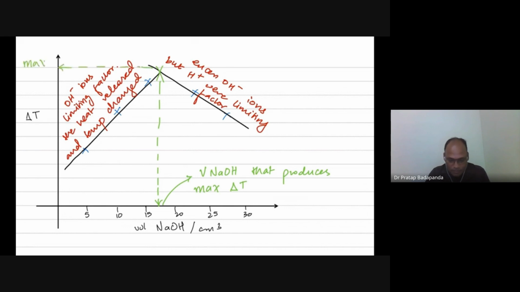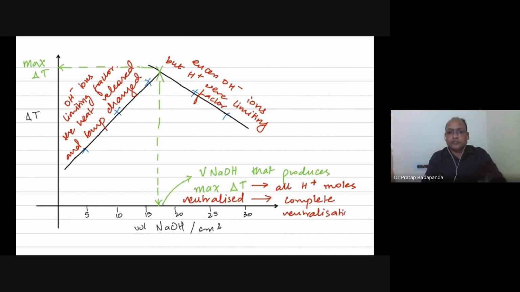Why does it produce maximum ΔT? Because the reaction reached its fullest point. That is because all the H⁺ ions were neutralized by the alkali. So all H⁺ ion moles were neutralized, because complete neutralization occurred of those 15 cm³ H⁺ ions that were added.